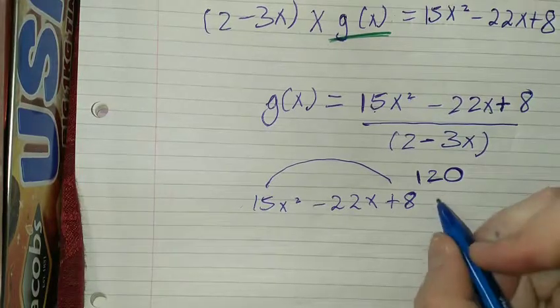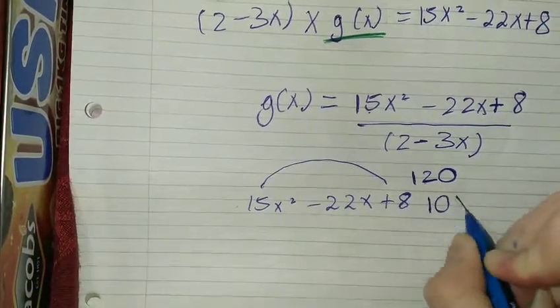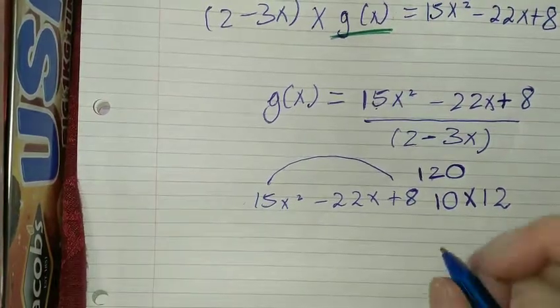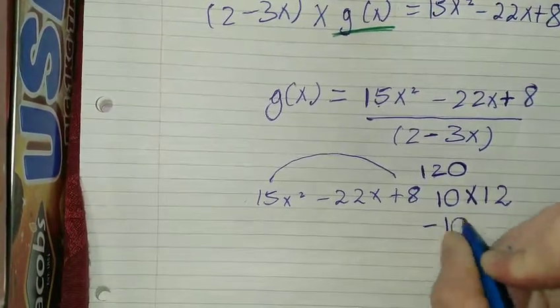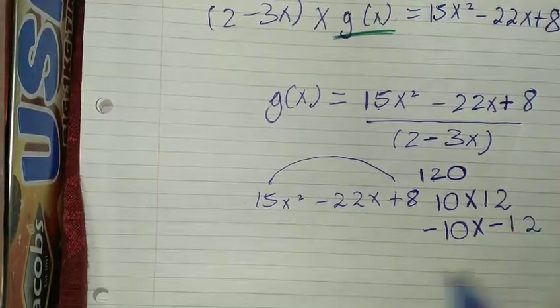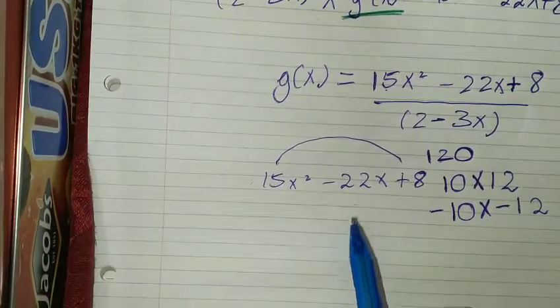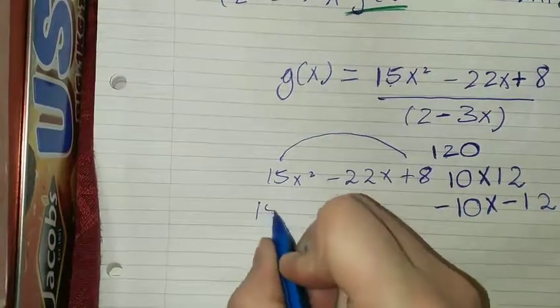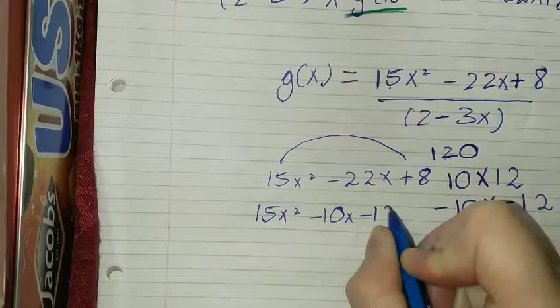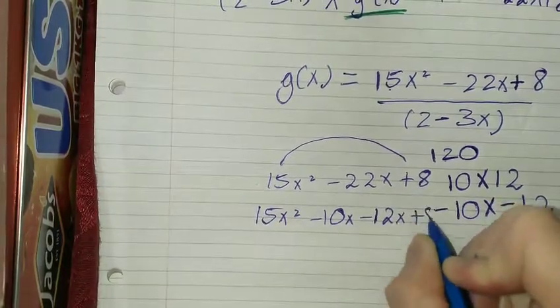So if I multiply 10 by 12, I get 22, but I want minus 22. So my factors could be minus 10 and minus 12. So then I split up my minus 22 into minus 10 and minus 12. So 15x squared minus 10x minus 12x plus 8.